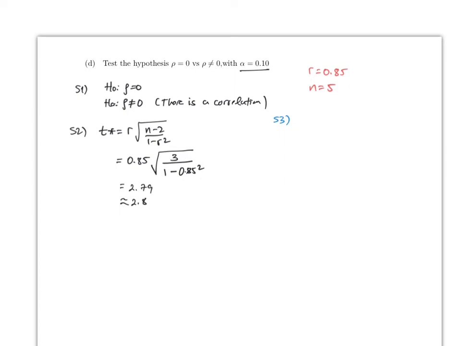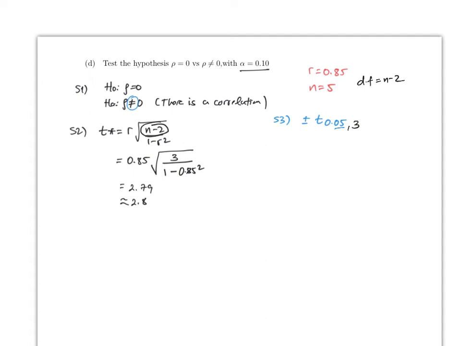Then for step 3, you need a t-table. So the rejection region, since this is 2 tails, alpha has to be divided by 2. So this has to be plus or minus t of 0.05, because alpha is 0.10. So you divide by 2, you get 0.05. And the degrees of freedom is equal to 3. So this is the only one where the degrees of freedom is n minus 2. And I told you it's already in here.